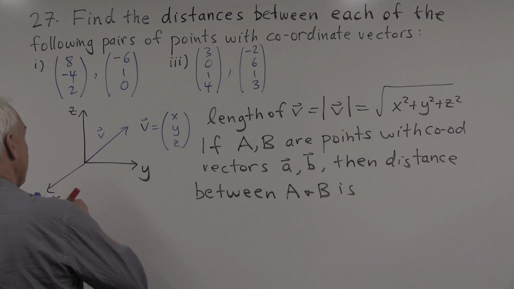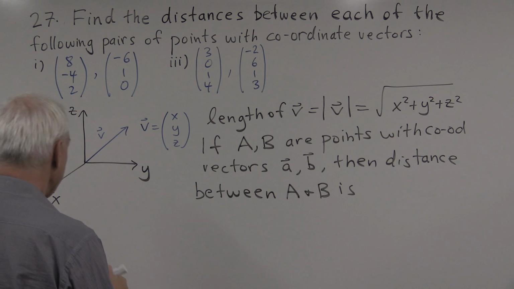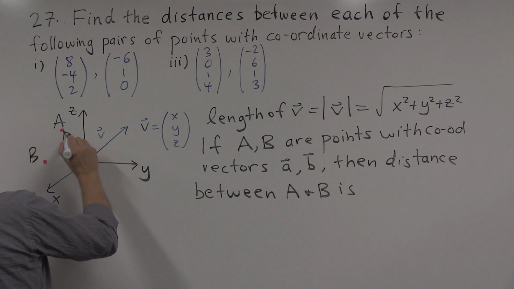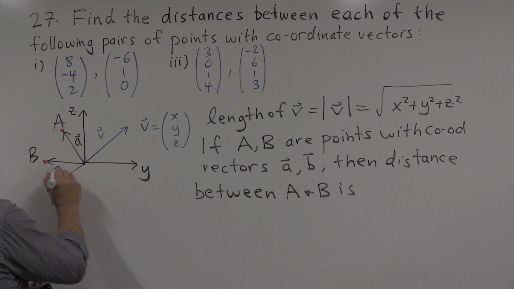Now we have 2 points. Let's put them over here. There's A and there's B. We have corresponding coordinate vectors, little a and little b.